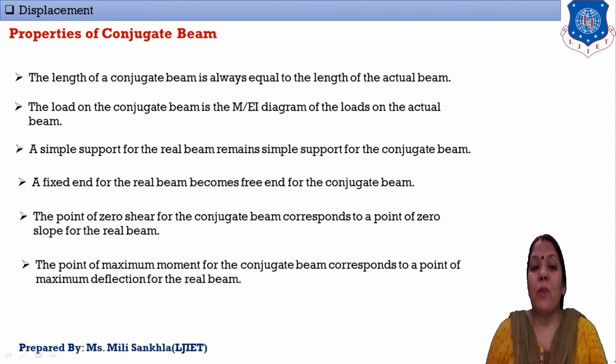Our theory portion is complete here. In the theory portion we learned the definition, the support conditions and the properties of the conjugate beam method, and the remaining things I will explain at the time of examples. Next we solve our first example of conjugate beam.